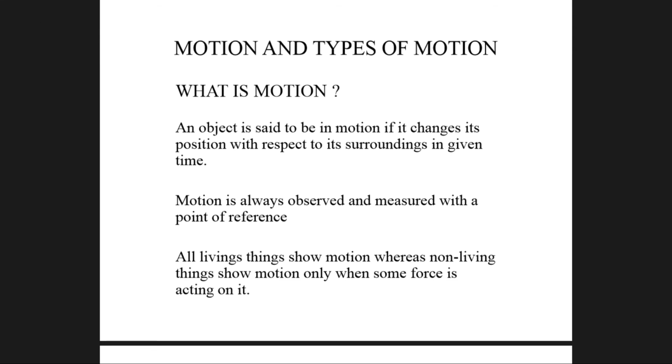Hence, it covered a distance and moved from one place to another with respect to its reference. It gains some energy and covers some displacement. It does motion. So this is the simple definition of motion.